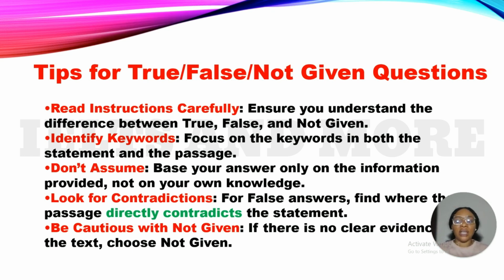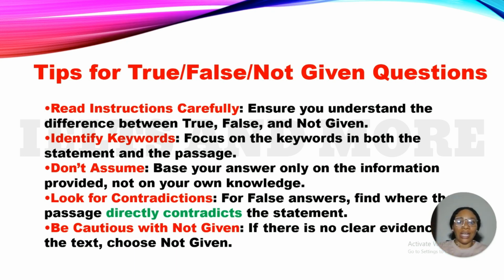So false means, oh, in paragraph 3, line 1, this is what it says, which is contradictory to what the passage is saying or to what the question is saying, so that's why I picked false. Not given is the only one where there's no evidence because it's not there. So there's nothing to find. But for false and true, there has to be evidence.